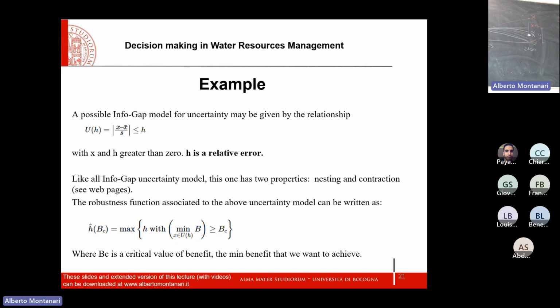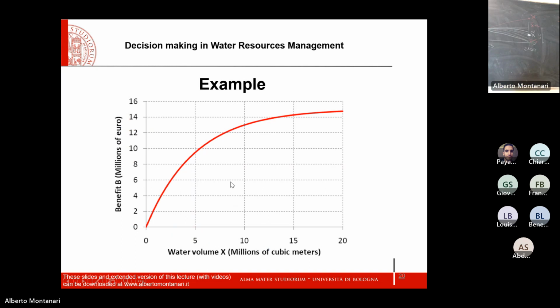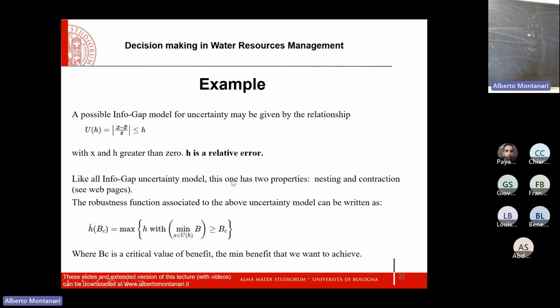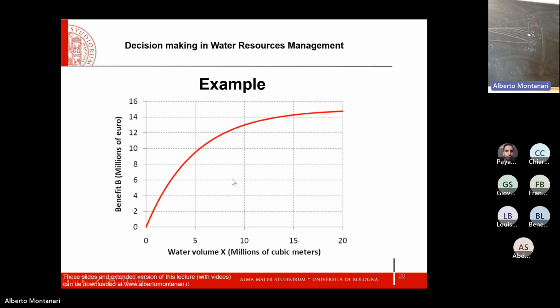So I have a critical value of the benefit BC, which corresponds to a critical value of water availability in the future, XC. How to estimate this critical value of benefit through this function here? Basically, through this function, I set the min benefit which I can tolerate in the future, which corresponds to a minimum water available for irrigation.